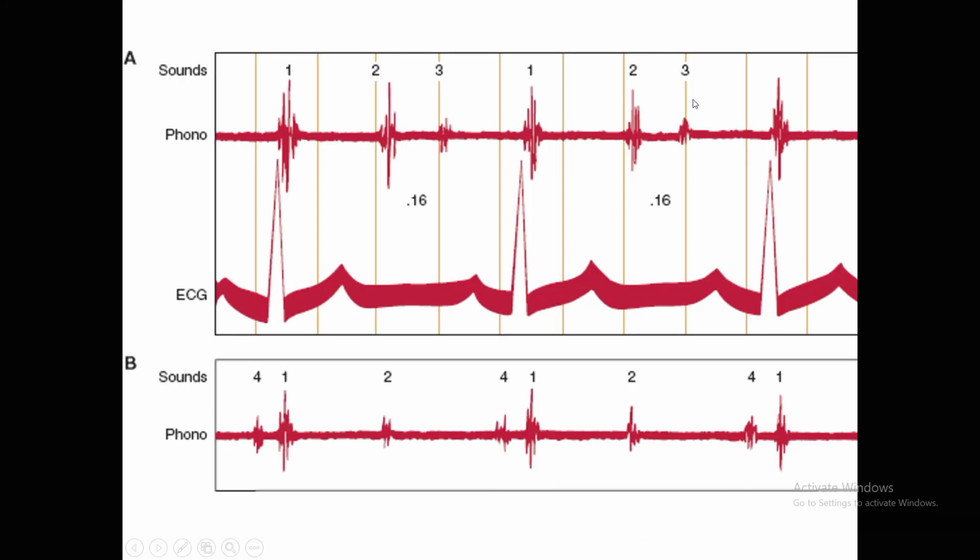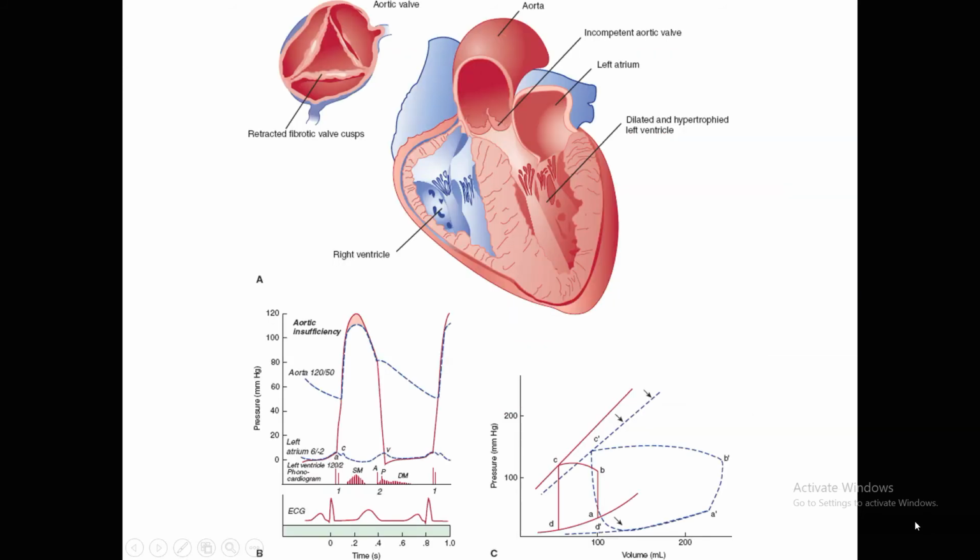A third heart sound is also often present. It is due to diastolic filling, an early increase of the diastolic filling, or later to the heart failure, especially to diastolic dysfunction. Because of the significant hypertrophy of the left ventricle, let me remind you, it is eccentric, the apical impulse is displaced to the left laterally.